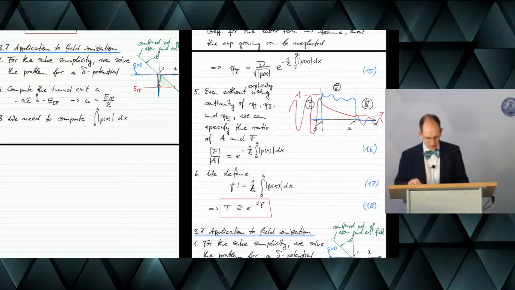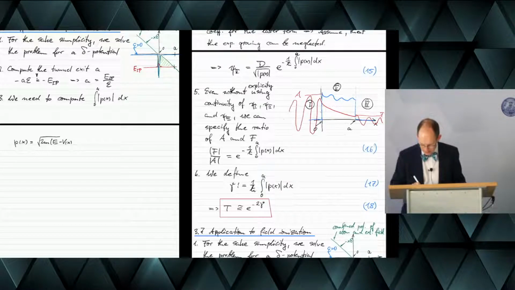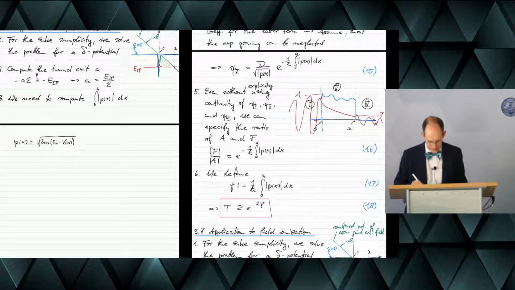And what we know is that px is equal, by definition, to the square root of 2m times E minus V, and now I write here explicitly V of x.